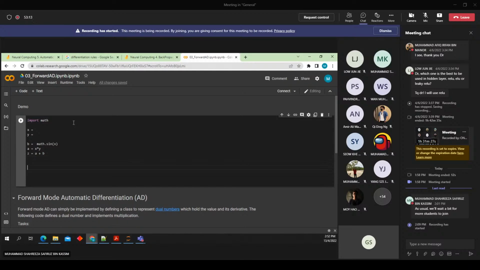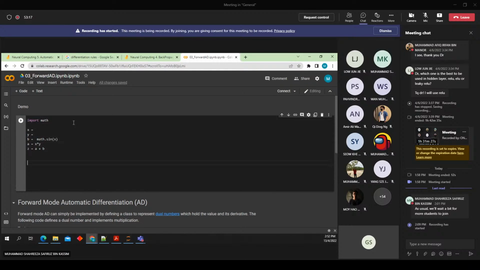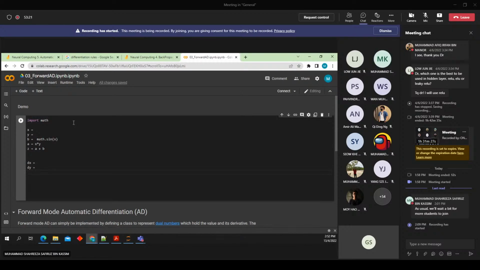Never mind. This is the normal functions, right? Done this. You have dx, dy, and then you have dA equals x times dy plus y times dx.